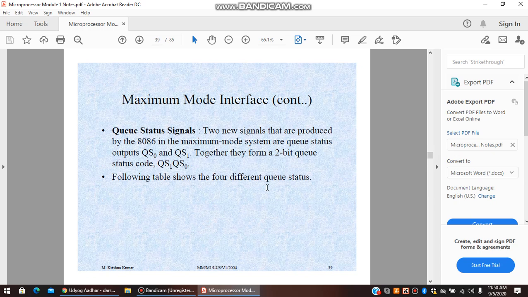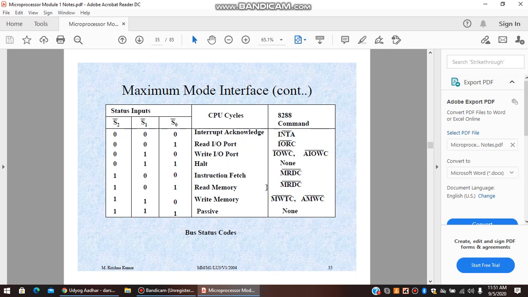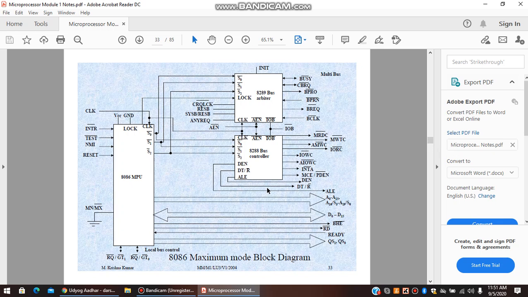It's a little confusing if we do it step by step, so let me give you an overview now so that you understand better. Let us look at this diagram. The 8086 microprocessor is there. The three status pins are connected to the bus arbiter as well as the bus controller. Let us first talk about the bus controller.